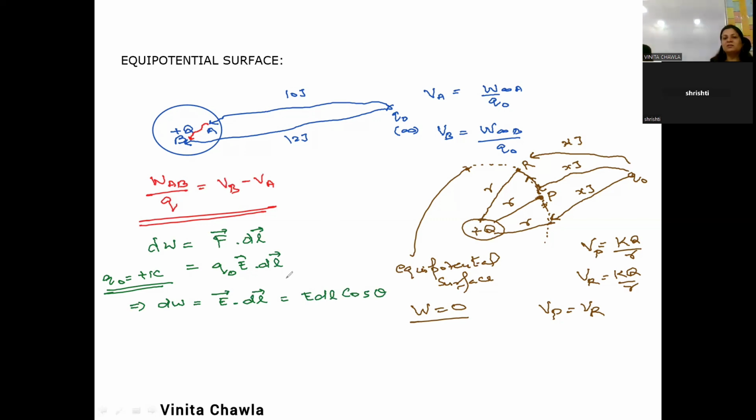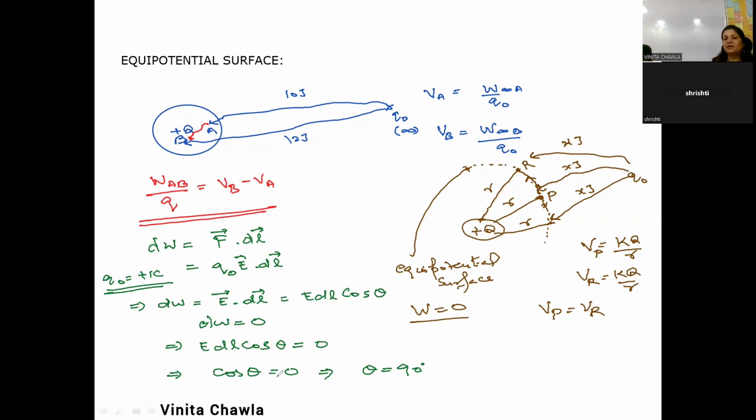So on an equipotential surface, everywhere work done is 0. This implies E dl cos theta is 0, or we can say cos theta is 0. At what angle is cos theta 0? 90 degrees. At 180 degrees cos theta is minus 1, at 90 degrees it is 0.